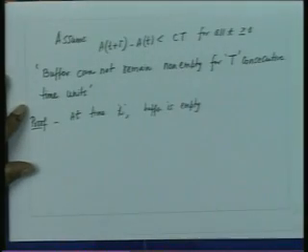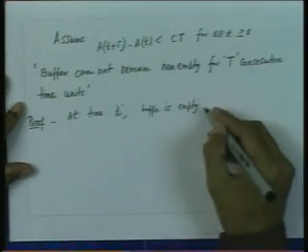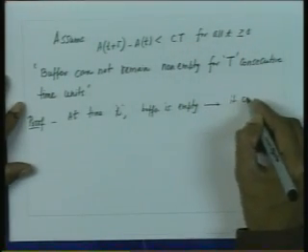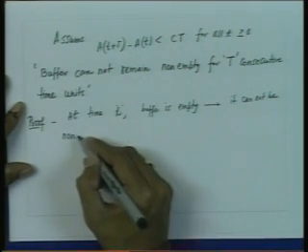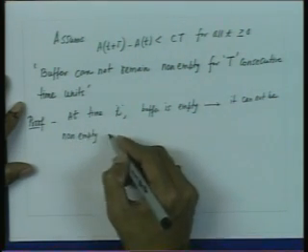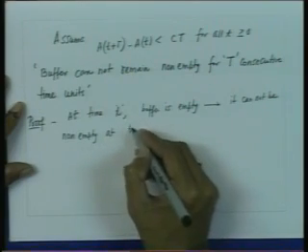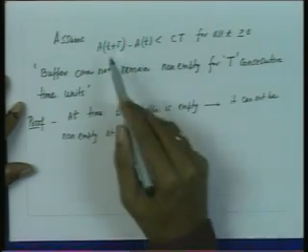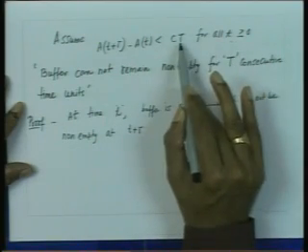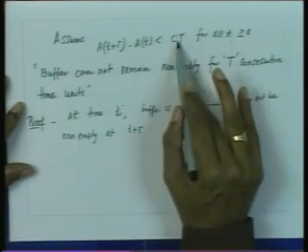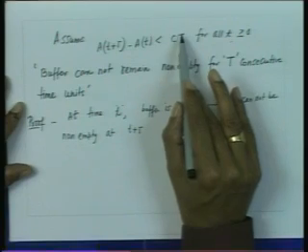Then we would like to prove that it cannot be non-empty at t plus T, where T is such that A(t plus T) minus A(t) is less than C T for all t. So we are already admitting a substantially large value of T.